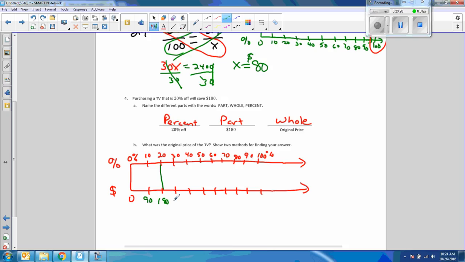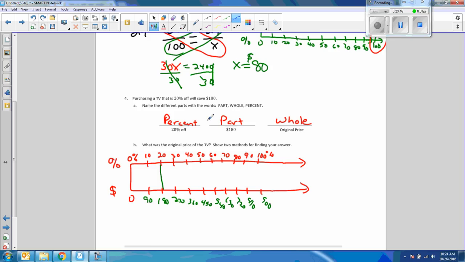So 90 and 180, 9 times 3 is 270. 90 times 4 is 360. And 450, 540, 630, 720, 810, $900.